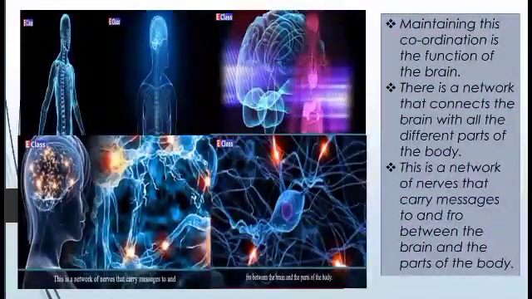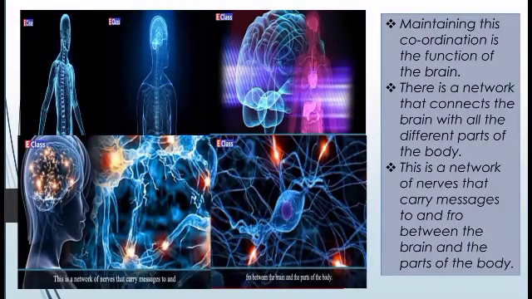Whatever activities we are doing, coordination is a must. And accordingly the function of the brain helps to maintain this coordination. Just take an example of riding a bicycle. You know that you need to pedal your bicycle, and then only the bicycle is going to move. But along with that, you need to keep hands on the handles, control the brakes, and look in front so that any accident or injury should not take place.